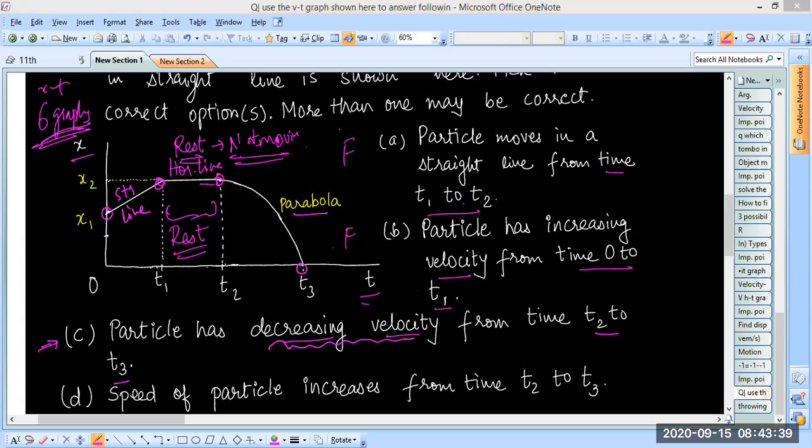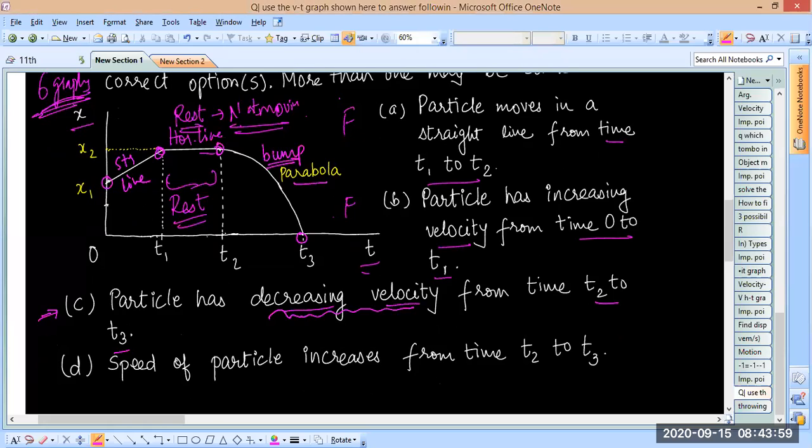Okay, this is bump shape. Agreed? Right? Those two points we had written, right? This is bump shape, correct? And that's why the velocity is decreasing. All right? The velocity is decreasing.